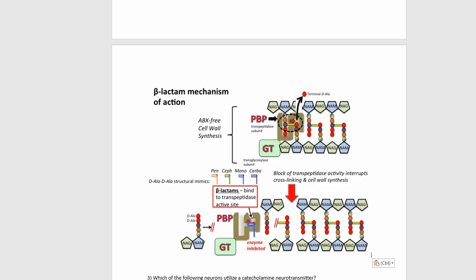So during cell wall synthesis, precursor molecules are assembled into these long chains by enzymes called glycosyltransferases. These chains then cross-link to form a strong, rigid structure by enzymes called transpeptidases, and these transpeptidases are also what are referred to as penicillin binding proteins.